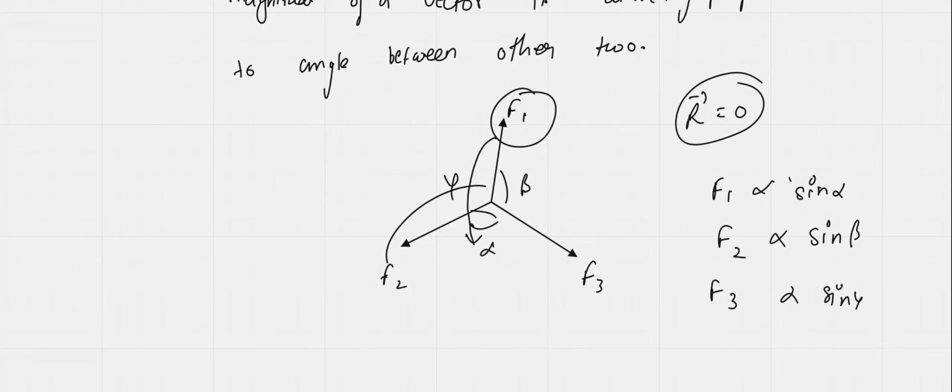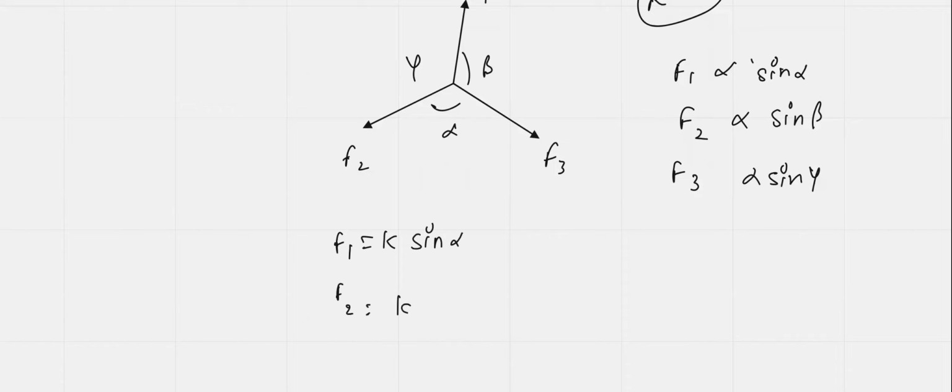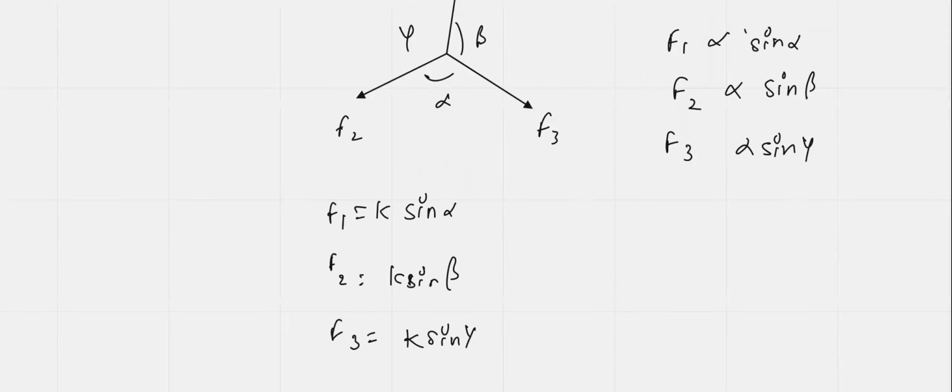If you remove the proportionality, you get a new relation: F1 equals k times sine alpha, F2 equals k times sine beta, F3 equals k times sine gamma. So F1 by sine alpha, F2 by sine beta, and F3 by sine gamma are all equal to k.